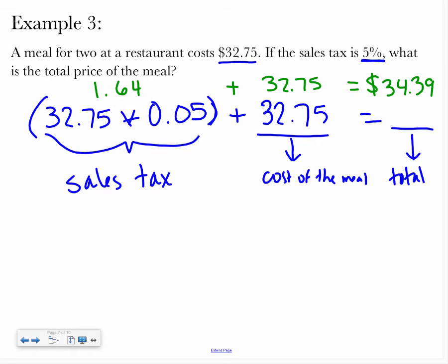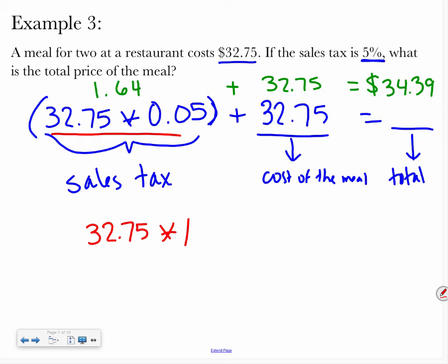But what if I'm feeling lazy and I don't feel like calculating this out and then adding it to the original cost? There's a shortcut, and I'm going to show you. The way that you do the shortcut, you take the original cost of the meal, so $32.75, and if I were to multiply $32.75 times 1, that would just give me $32.75, correct?